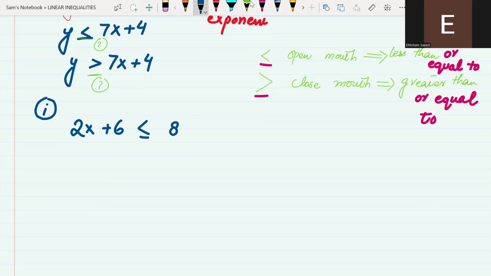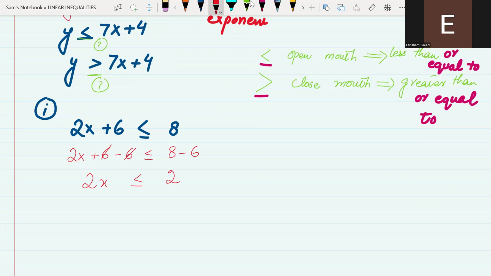Yes, I will basically deal with it like an equation to simplify it. But here it is plus 6, so in order to remove plus 6, what can we do? We can add minus 6 on both sides. I added minus 6 on both sides. This will be equal to 0, and this will be 2x is less than or equal to 2.